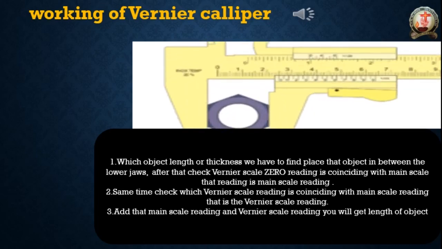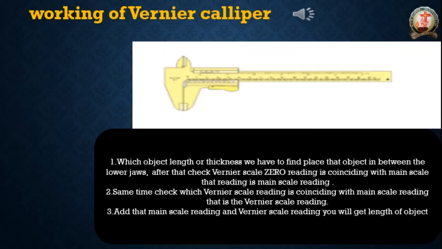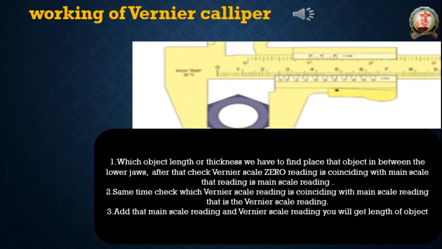Then after that, except the 0 reading, the remaining 9 lines are there on the vernier scale, right? The total vernier scale has 10 lines. In the 10 lines, 0 is already coincided with some reading, that is 2.4. Then leave the 0 reading. Then the remaining 9 lines are there.